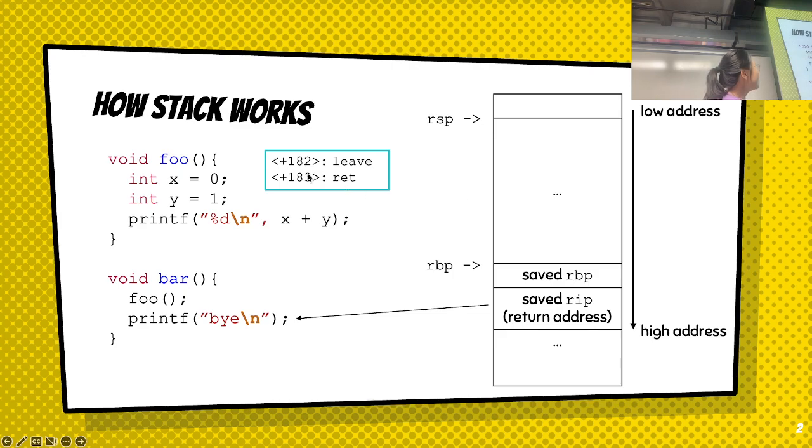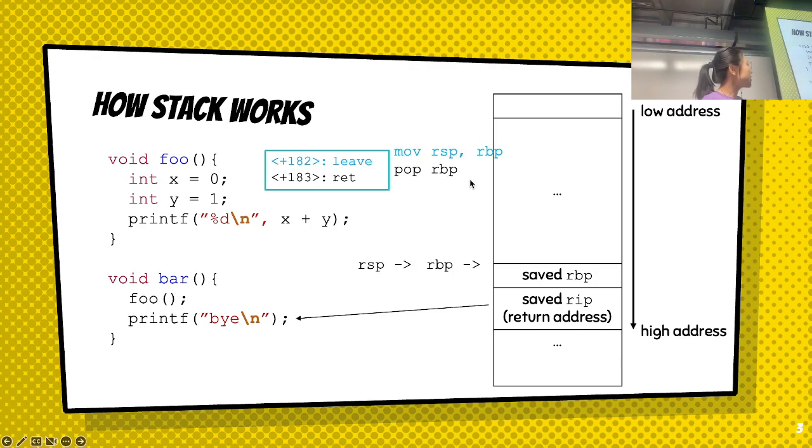All right. By the time that function foo finishes, it will call 2 instructions. One is leave, and the other is return. So what's going on? How does this stack frame get changed after these two instructions are called?